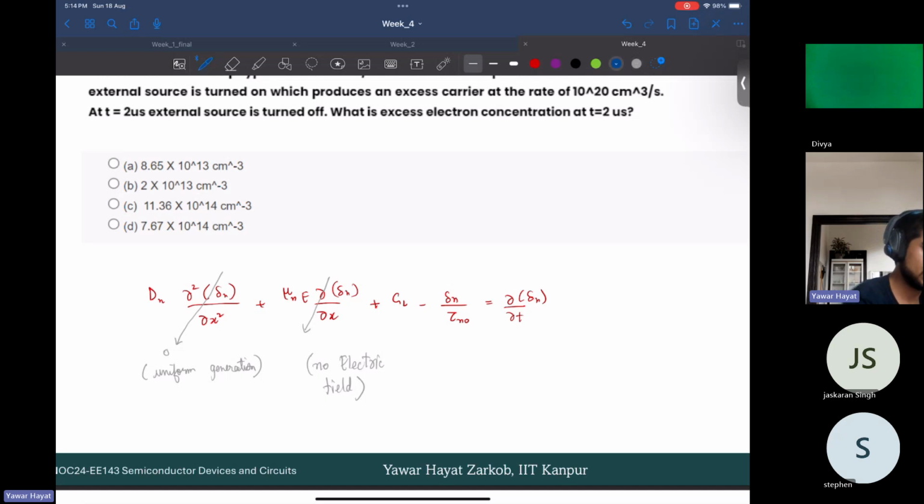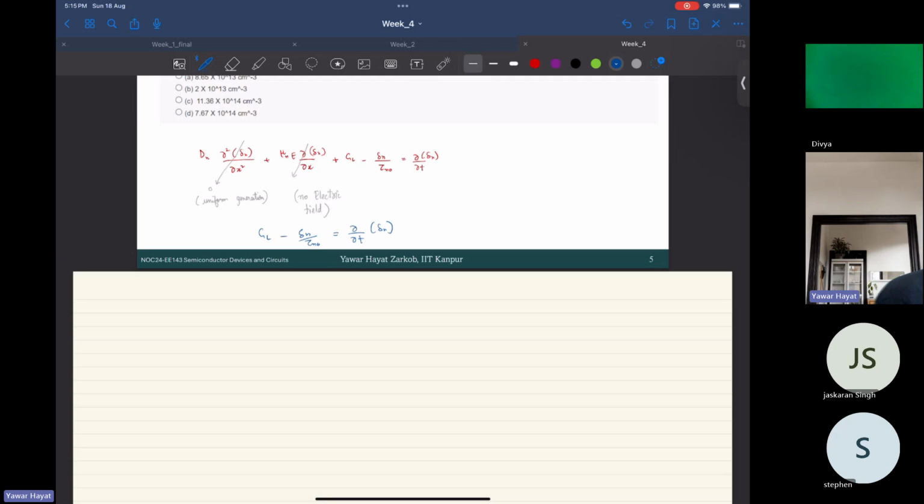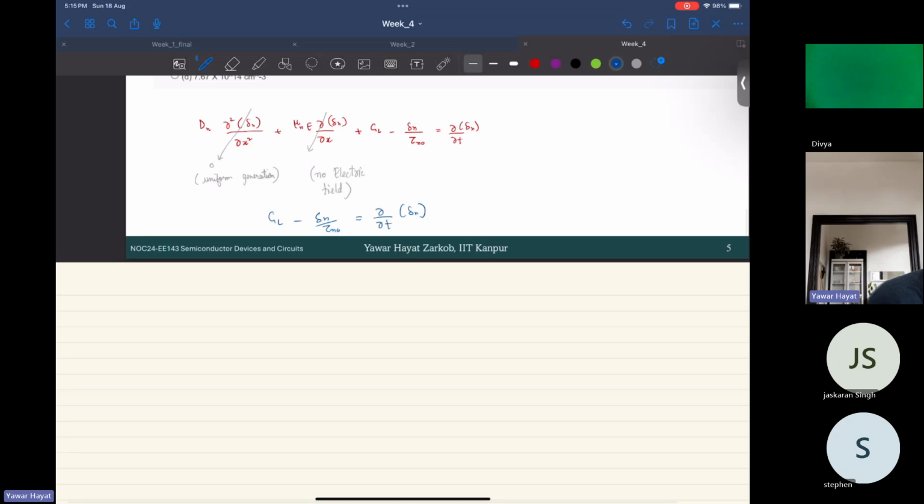So that simplifies our continuity equation considerably, right? What are we left with? I'll write the remaining part. GL minus delta n by tau n0, that is equal to dou by dou t delta n. Right, after that, we can rearrange this and get dou by dou t delta n plus delta n by tau n0 is equal to GL.